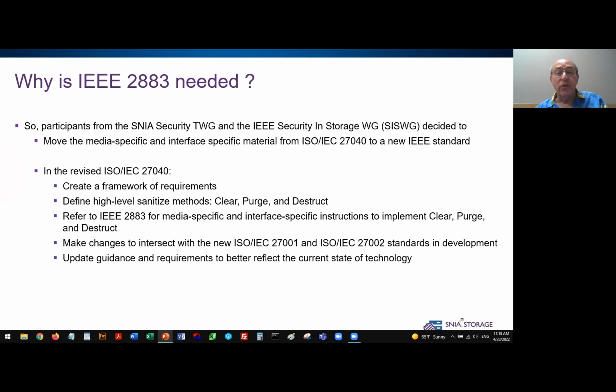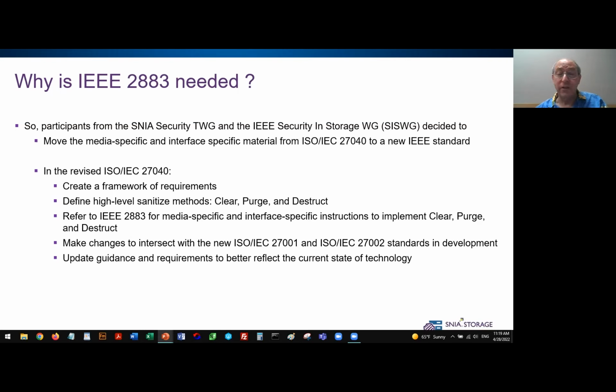So, in response to all of these needs, the SNIA security TWIG and the IEEE security and storage work group, we call it SISWG, decided to revise the 27040 and extract the media-specific and interface-specific information from there into a new IEEE standard, which we can revise on a more rapid basis. Leaving in the revised 27040 the framework of requirements, a high-level description of sanitize.